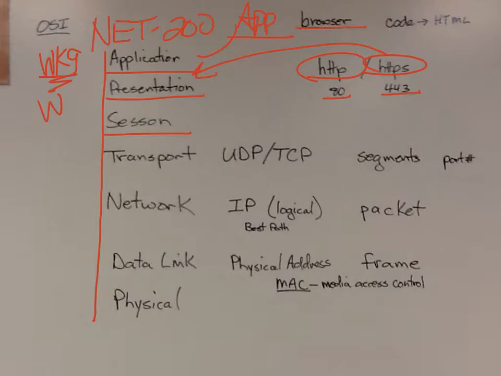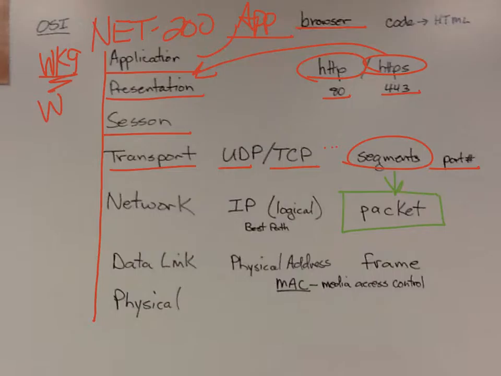Session sets up a session on both ends. Transport layer, how are we going to transport the data? UDP, TCP, and there's some other options that we'll talk about later on. We create a segment, it's got a port number, so then that segment becomes the data for a packet.